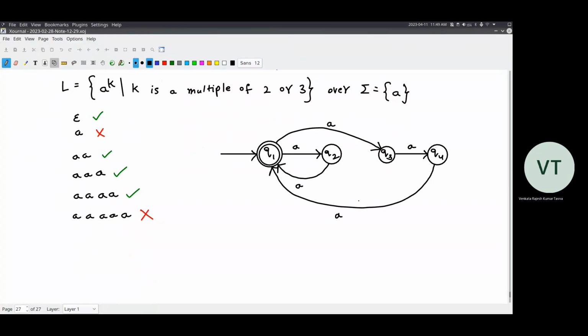Is this correct? Correct or no? Correct. I've taken a 5. Yes. It's not correct because it will also accept a 5 length string. 5 ways it will accept.